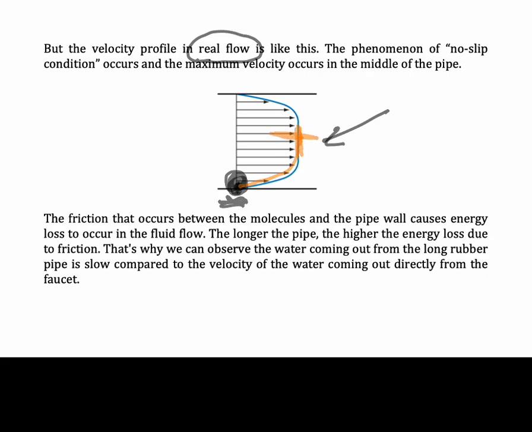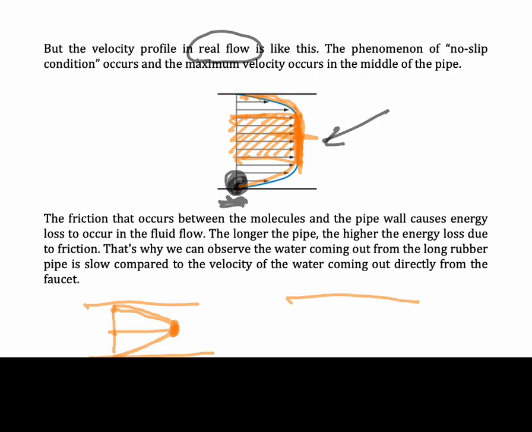If your pipe diameter is very large, maybe you will have a velocity distribution like this, which means that at the center, more area will flow with the average velocity. If your diameter is small, maybe the velocity profile looks like this, which means the highest velocity only occurs at the center.